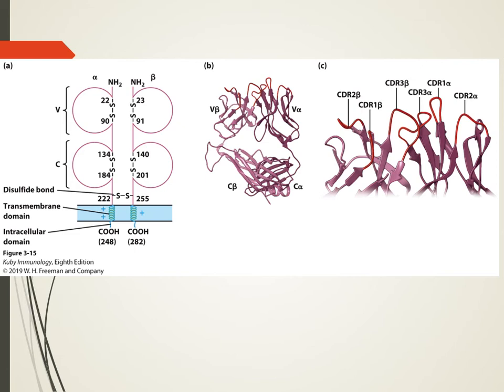If we look closer at that variable region, we'll notice there are loops that act as receptors, the CDRs. These can be receptors to different CDs, but this is also where the peptides are going to bind, and these are the portions that we're going to change up so that we can bind unique peptides in this variable region.